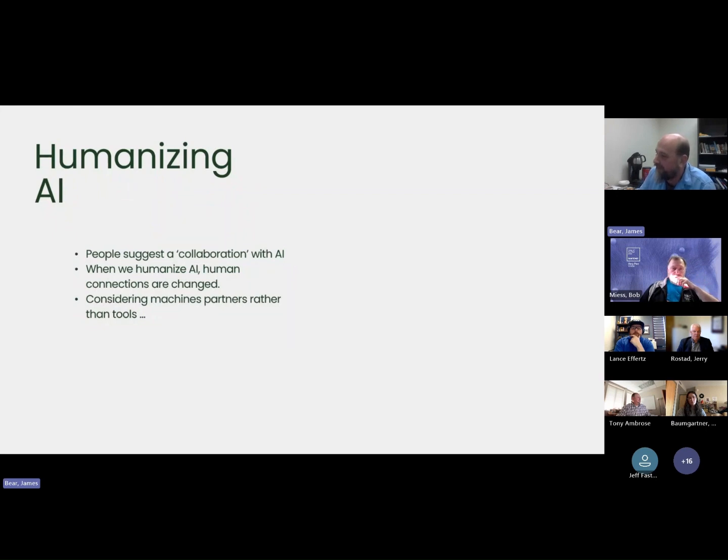Machines are tools, right? And I know, in fact, here's a book that I just picked up that I intend to read here soon, called Co-Intelligence, by Ethan Mollick. The whole intent of that is talking about how we can collaborate with AI, but if we listen to the things that Jeff said, he's not collaborating with AI, right? He's using AI as a tool. AI isn't giving him information.